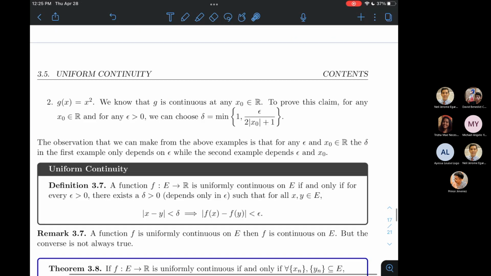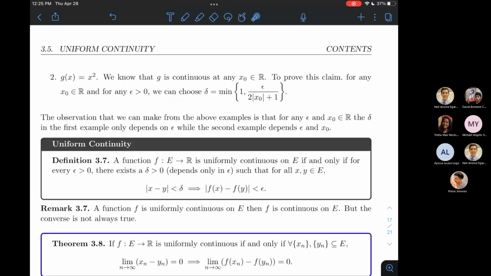For instance, you consider the quadratic function x squared. Now, we know that g is continuous because it's a polynomial, all right? So dahil siya ay polynomial, continuous na siya, pero para ma-prove yung continuity sa kanyang domain, kapag binigyan tayo ng x sub 0, kung saan gusto natin na element ni domain, yung choice natin for delta, for some positive real number epsilon, ay minimum ni 1 over epsilon over 2 times x sub 0 plus 1.